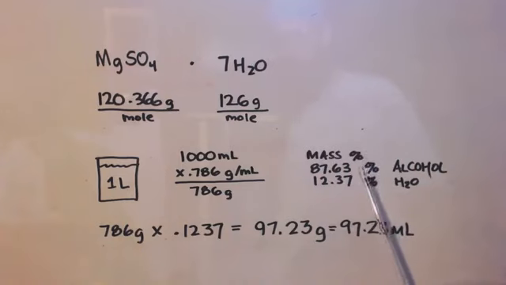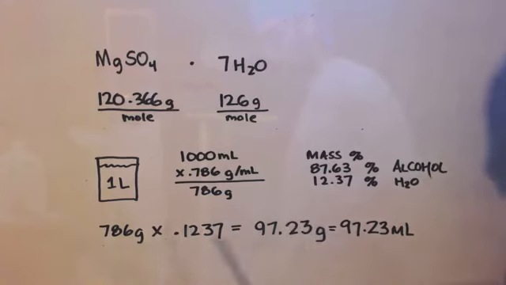Over here, you can see the mass percentage for alcohol and for water. Water, it's 12.37, so I multiplied by 0.1237. I got 97.23 grams. And water is 1 gram per milliliter, so it's the same thing, 97.23 milliliters.